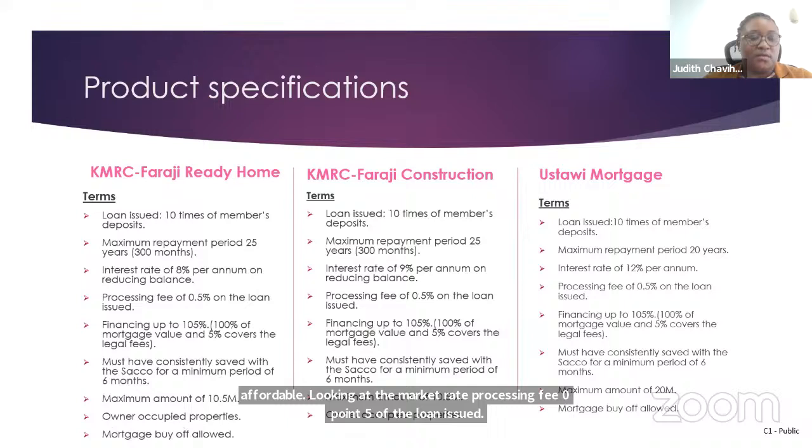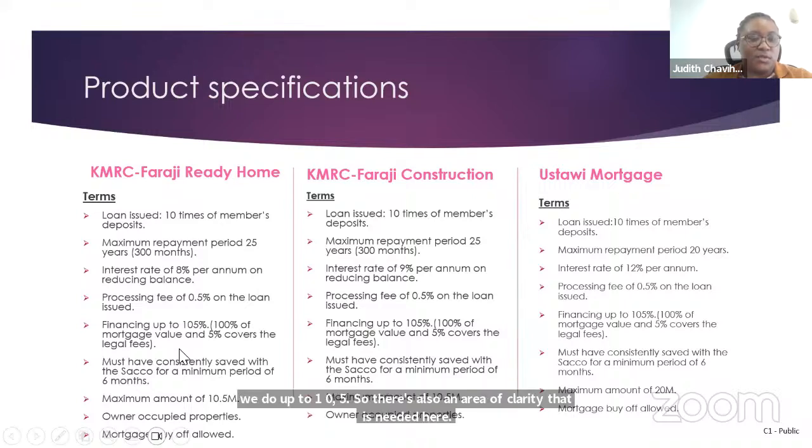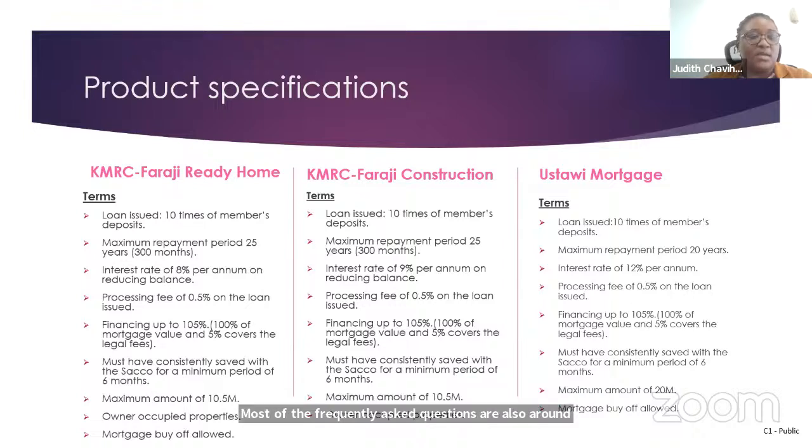So there's also an area of clarity that is needed here. Most of the frequently asked questions are around this 105%. We mean we will finance 100% of the mortgage value and 5% covers the legal costs. The legal costs will be shared by our lawyers from the panel of lawyers that we have.